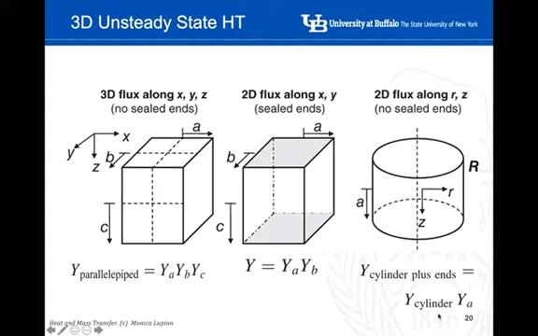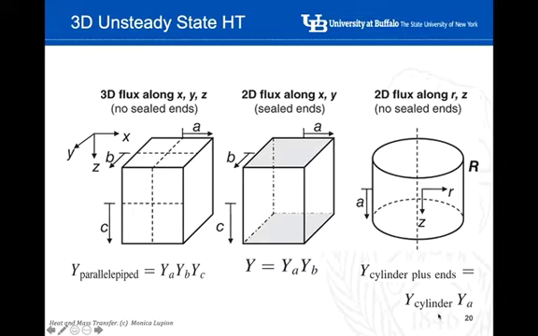For instance, if there is this 3D geometry, we can calculate the value of the overall y as a function of the y over each of the faces of this parallelepiped.